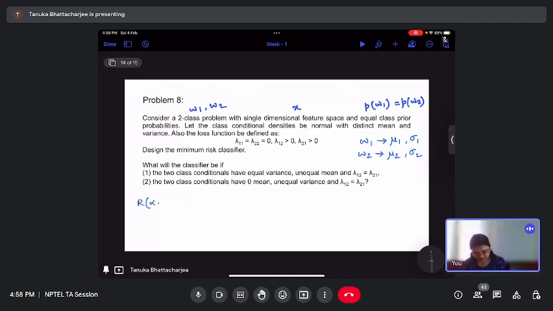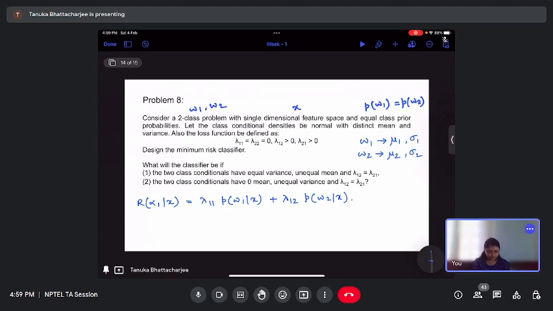I will simply write it down. This is as we already computed in the previous example. This is the expression for the risk of taking the action alpha 1 given the vector x.